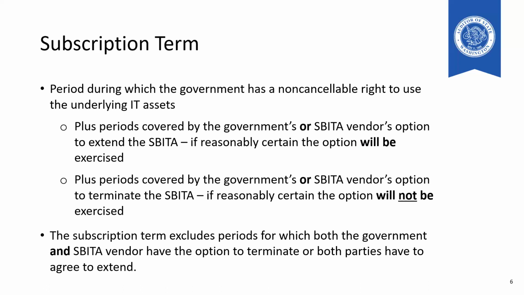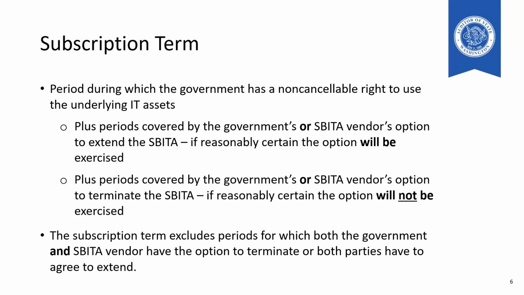Then you'll add on any extension options if you're reasonably certain that option will be exercised. For example, let's say your initial contract is for 3 years, and you have the option to extend for another 3 years. If you're reasonably certain you will exercise that option, the subscription term is 6 years.